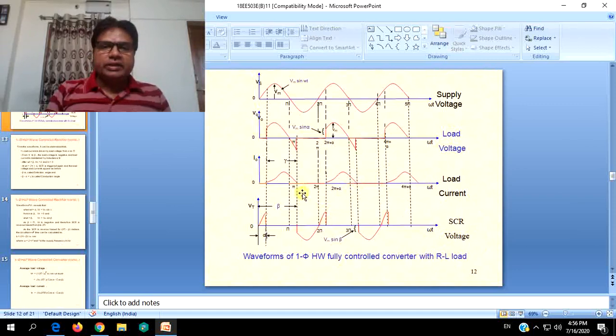And during the period in which this reverse voltage is applied across the load and this current flows, the energy stored inside the inductor is wasted in the zero period, that is from beta to 2 pi plus alpha. In this interval you will not be getting any current.